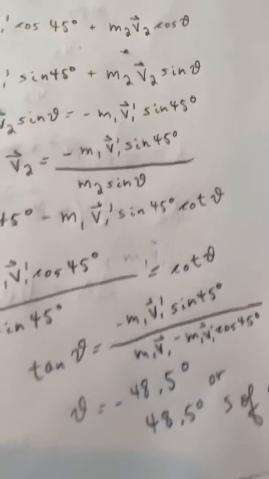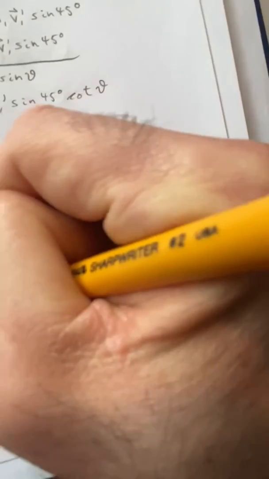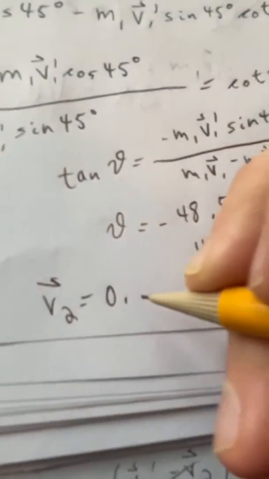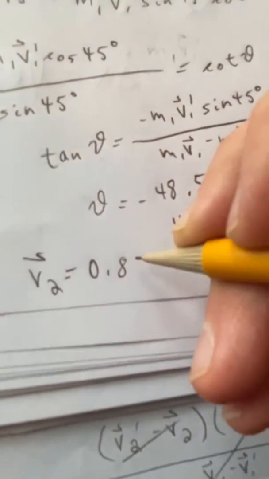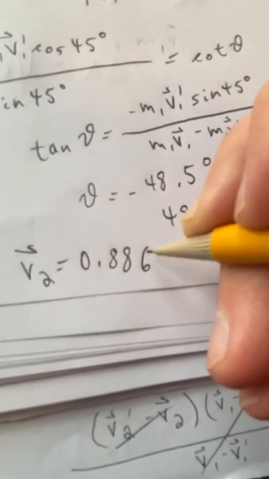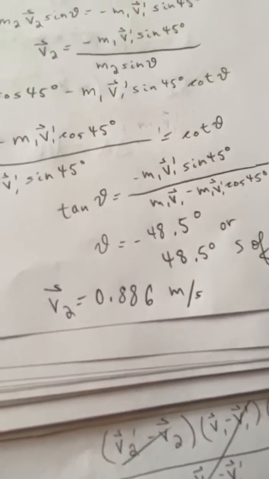We plug that in, and we get that v2 is about 0.886 meters per second. Okay, so that's just an example of how you would do a typical two-dimensional collision problem.